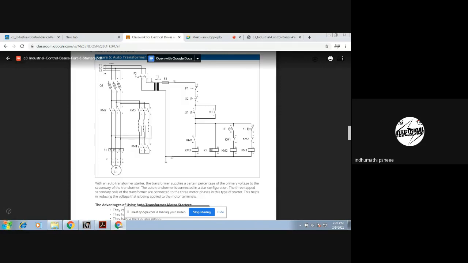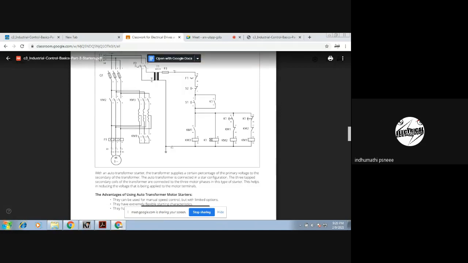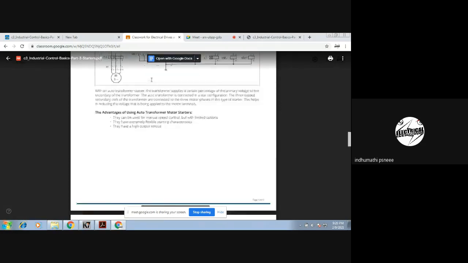They can be used for manual speed control, but with limited options. They have extremely flexible starting characteristics, and they have high output torque.